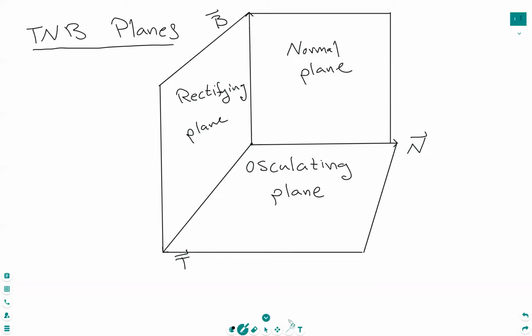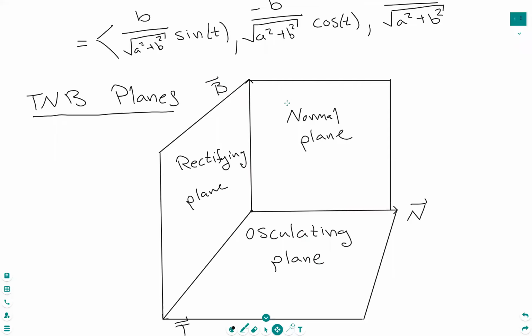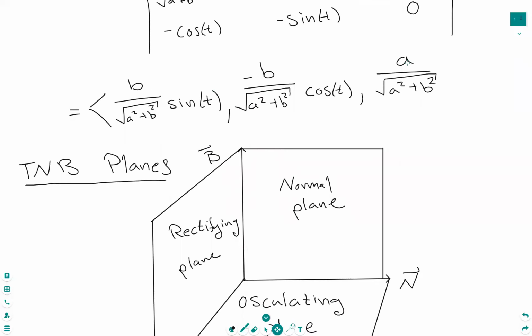So let's look at our above example here. If I wanted to find the osculating plane, I needed this binormal vector. That's my normal vector to this plane. I didn't even put an N on that vector right there. Let's do that. There we go. This would be the coefficients that I put in front of my x, y, and z terms, just like how we found a normal plane equation, where we had some ax plus by plus cz is equal to d.